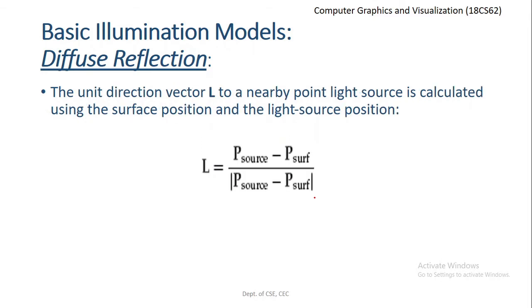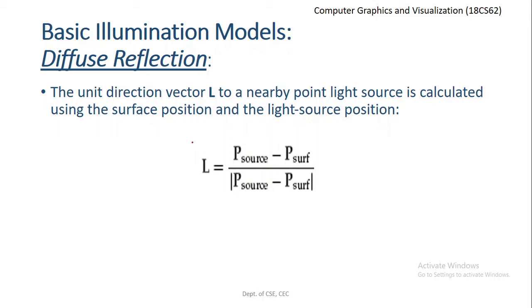Now, the unit direction vector L to a nearby point light source is calculated using the surface position and the light source position, which is given by the equation L is equal to the difference between the position of the point light source and a given position on a surface, P surface, divided by the magnitude of this difference.